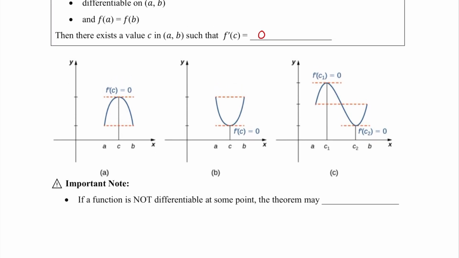An important note to remember, if a function is not differentiable at some point, for example, if there is a sharp corner, then Rolle's theorem may not work. So we always have to check the conditions carefully before using the theorem. To summarize, if a function is continuous, smooth, and starts and ends at the same value, then somewhere in the middle, the slope must be 0.